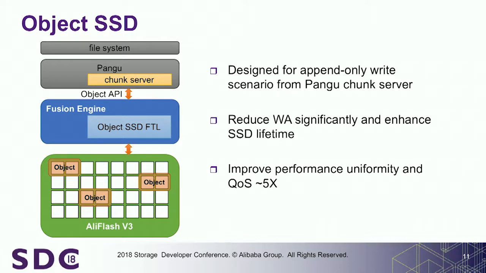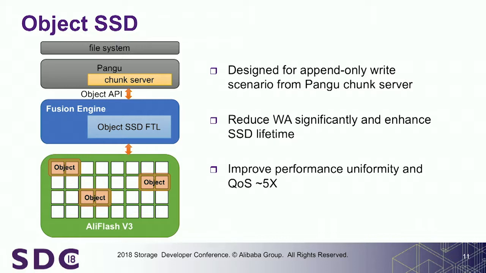So this is our object SSD. From the bottom, it's still the Open Channel SSD hardware. You can think of those white boxes as NAND blocks in NAND SSDs, and then we have something called an object. In an SSD you erase a NAND block, right?